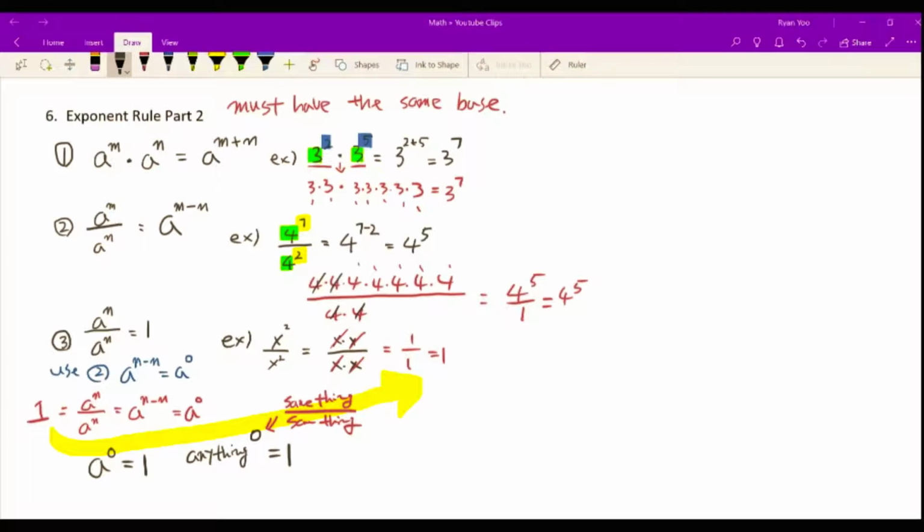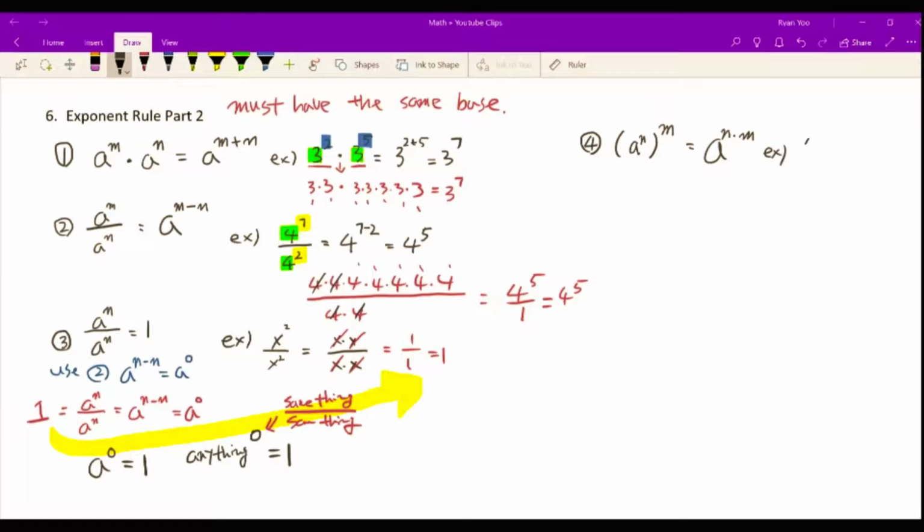And today we are going to do number 4 right over here. Number 4 is if you have a to the nth power and raised to the m, then it becomes a to the n times m. So for example, let's write the example over here.